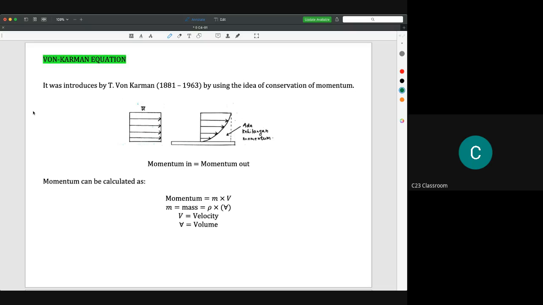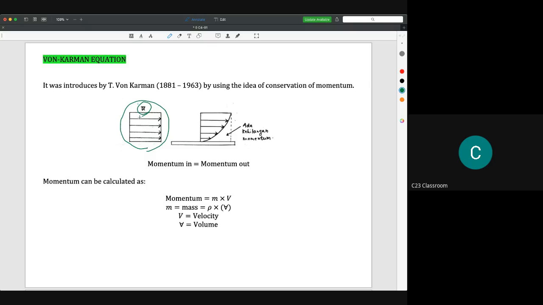Okay. So the idea of von Karman is actually the same as the previous idea. Let's say we have an inlet here. Because it does not make any contact with the surface, the velocity here is constant. So we name it capital U, the free stream velocity.